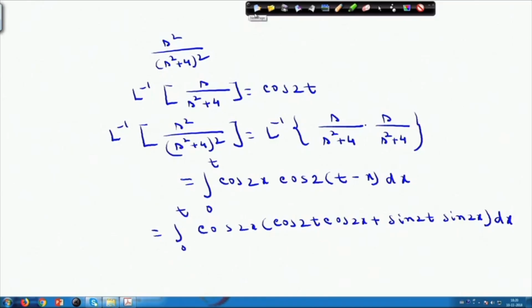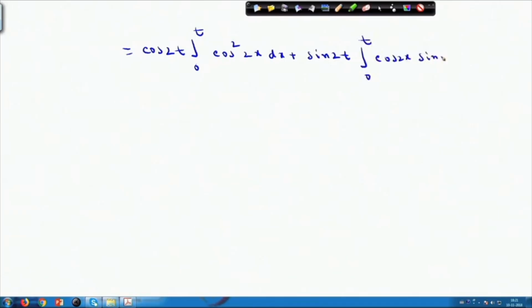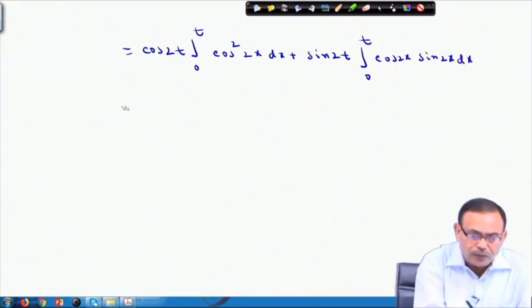So in the next line I can write this as cos 2t into integral 0 to t cos square 2x dx plus sin 2t into integral 0 to t cos 2x into sin 2x dx.